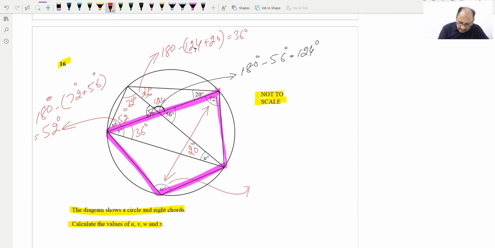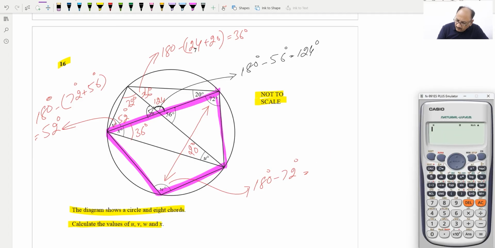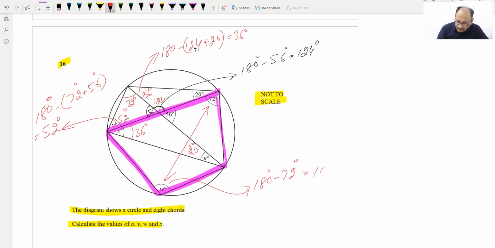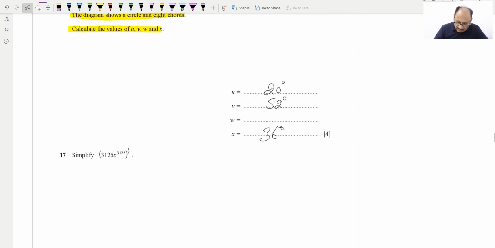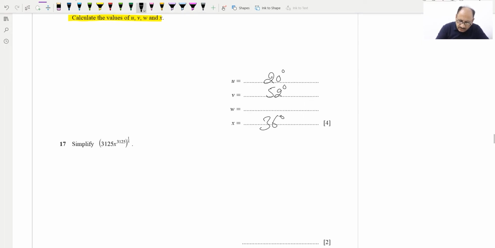So we can write this angle as 180 minus 72 degrees, which is equal to... no, it will not be 8 degrees. 180 minus 72 is equal to 108 degrees, and this answer will be 108 degrees. So we found all four angles, and this was a 4-mark question which we have done.